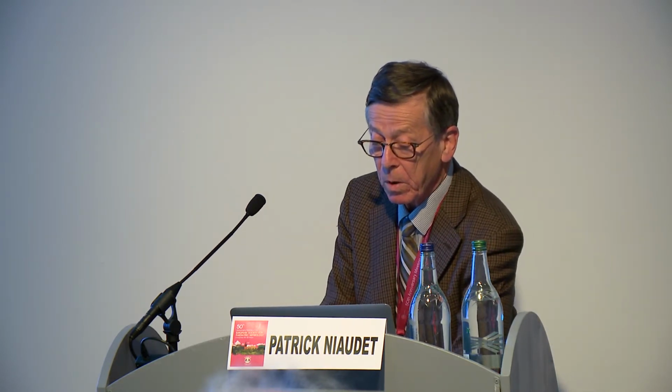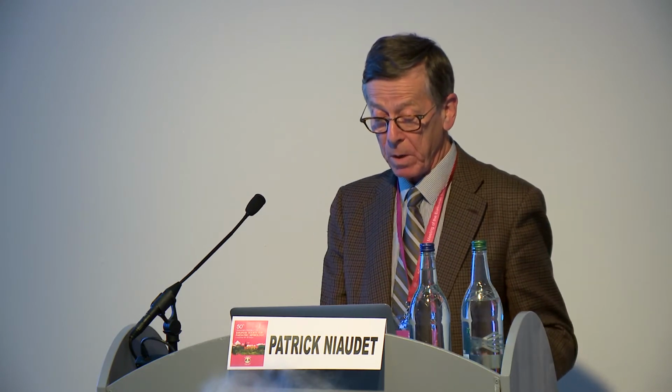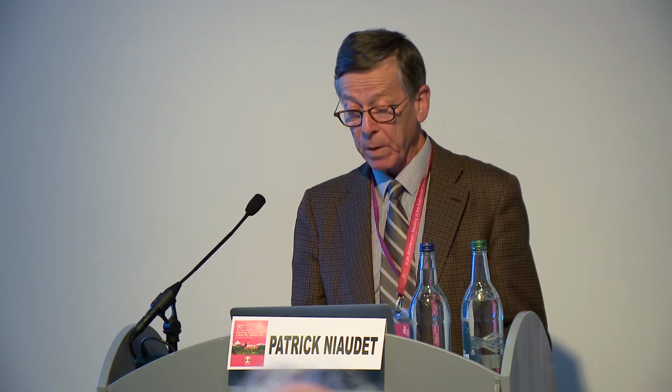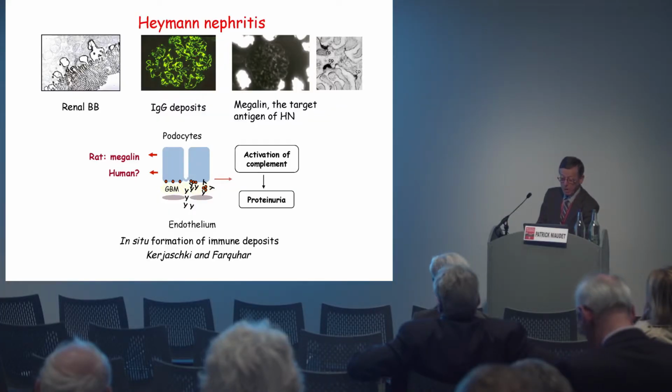So it was shown that anti-brush border antibodies bound to an antigen on the podocytes, and in 1982, I think, Kerjaschki and Farquhar identified the antigen as an autoantigen, a large transmembrane protein called megalin.